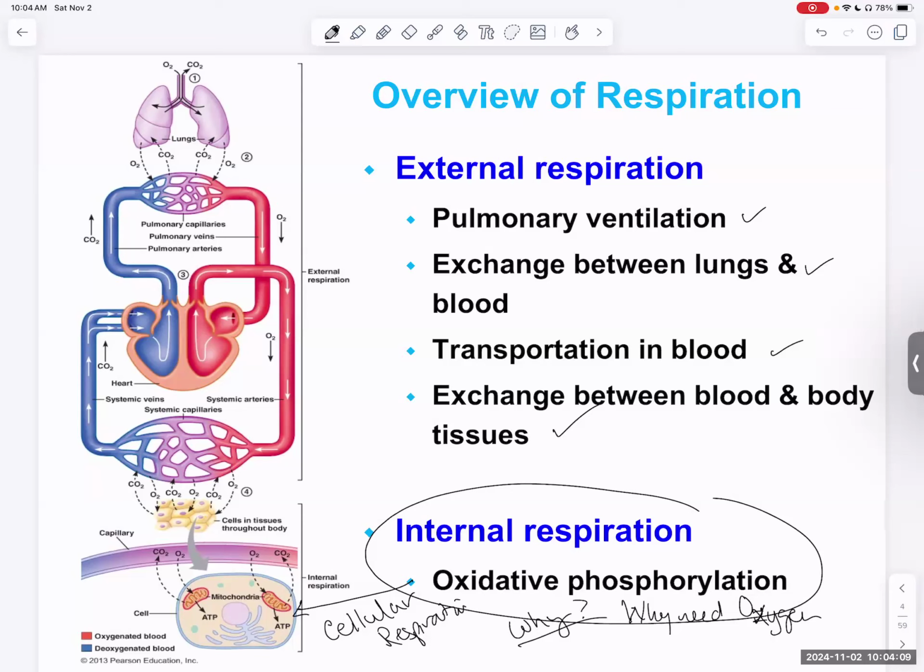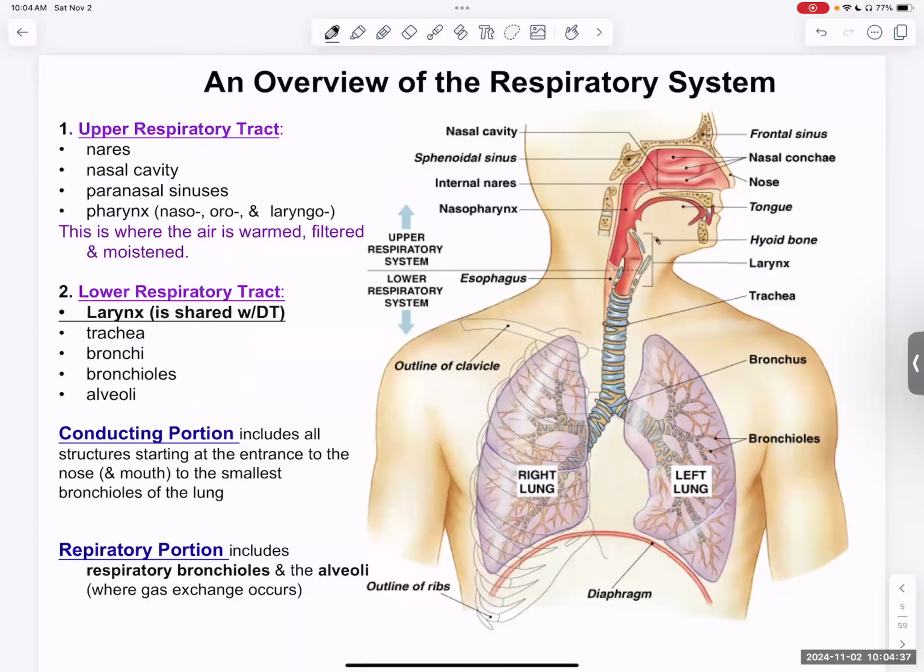Well, over and over again throughout the semester, oxygen is needed to accept the electrons coming out of the electron transport chain to make ATP efficiently, right? So whole point of the respiratory system and oxygen.